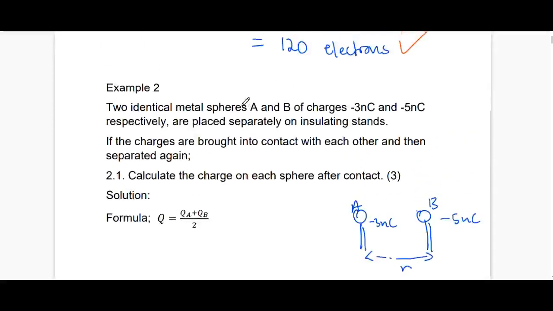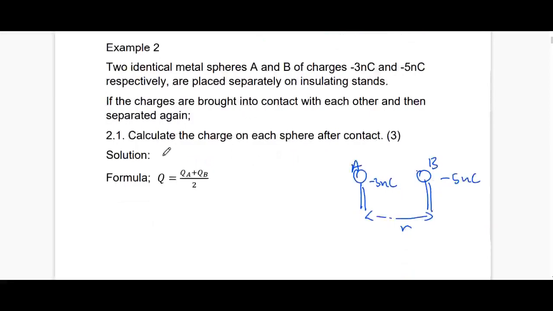They did not tell us about the distance. If the spheres are brought into contact with each other and then separated again, calculate the charge on each sphere after contact.